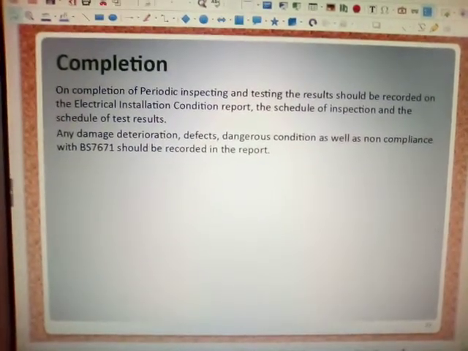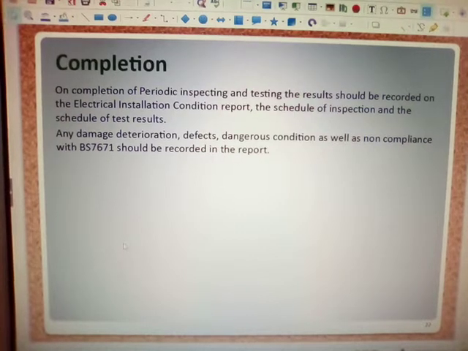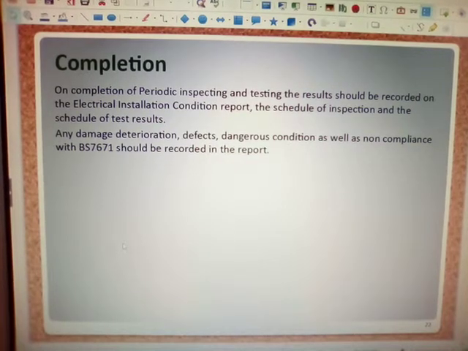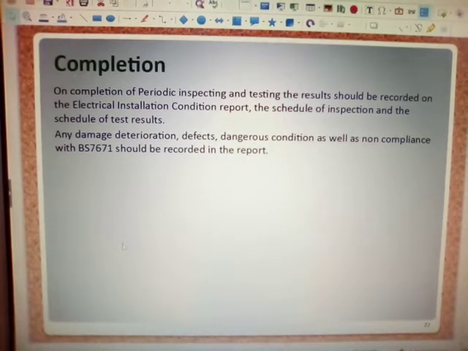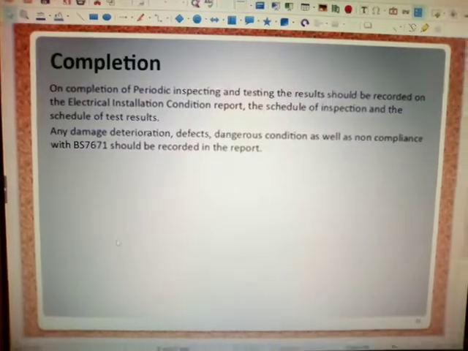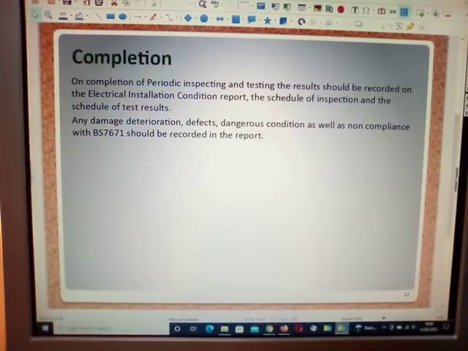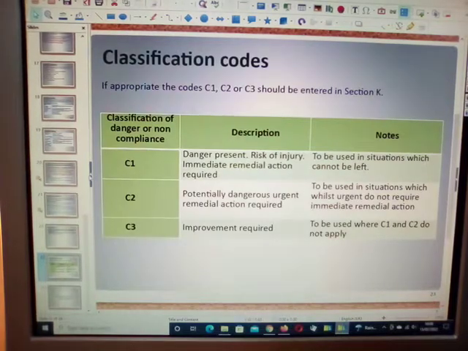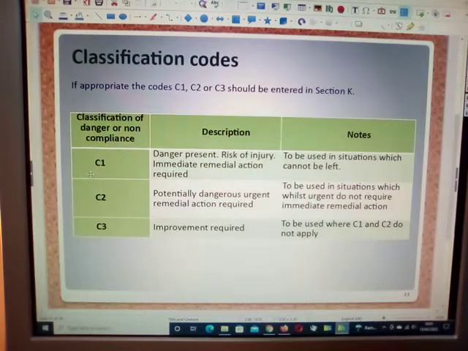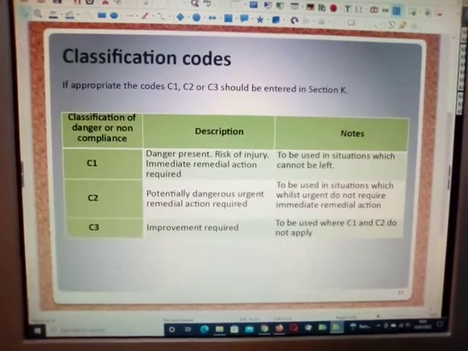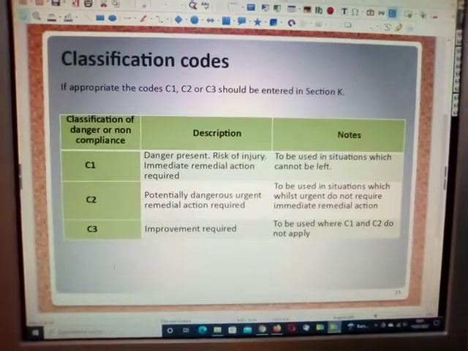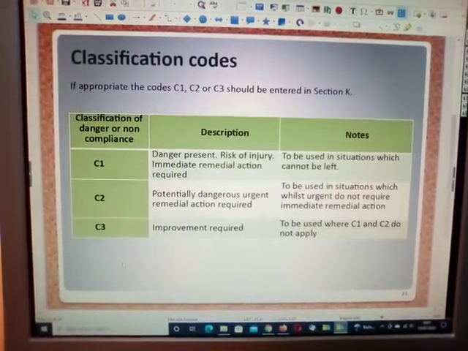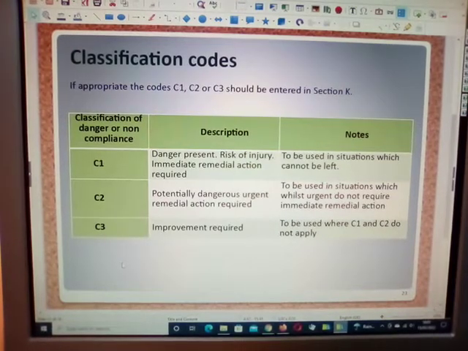And on completion of periodic inspection and testing, the results should be recorded on the electrical installation condition report, the schedule of inspection and the schedule of test results. Classification codes. If appropriate, the code C1, C2 or C3 should be entered in section K.